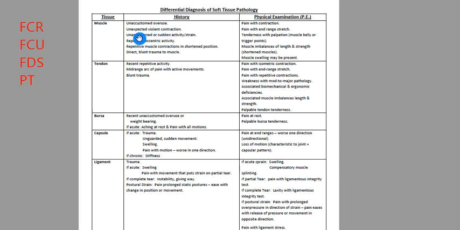Unexpected violent contraction, or unaccustomed sudden activity or strain, that could be possible. Unaccustomed overuse, yeah, I think all those things could fit in with a muscle pathology. So with that, you could be thinking a muscle strain of any of these muscles. So that would probably be one of the first things you would add here.